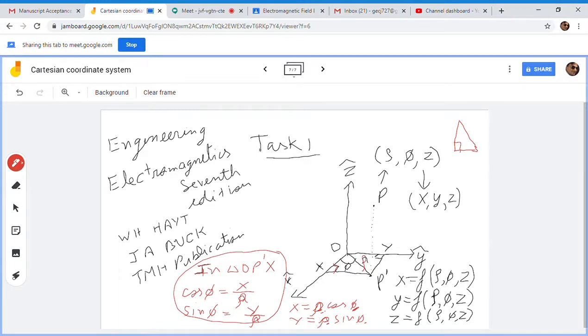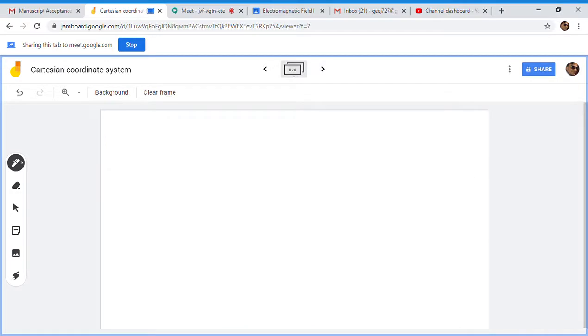So we have to determine these things in all of these interchanges of coordinate system. But to do that, you need to have a good visualization of all these three coordinate systems. So let us do the next task 2, which is a bit more complicated. But if you go to the basics, it is very easy. Complicated things have different basic things.